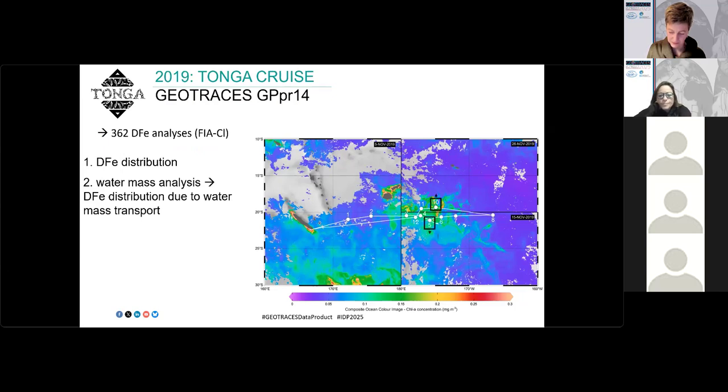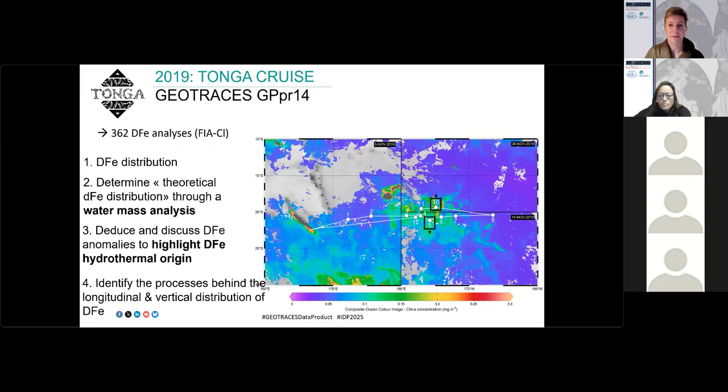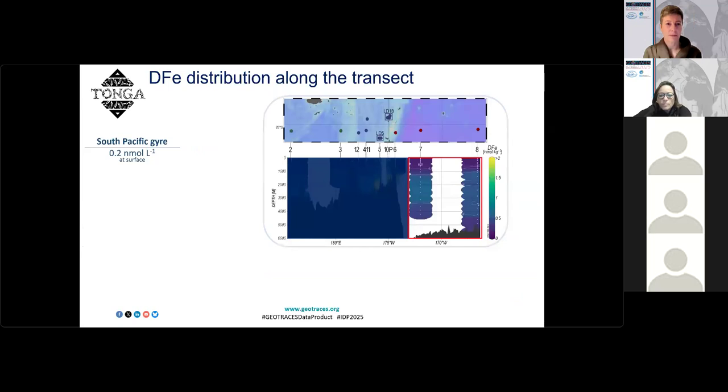So through a water mass analysis, we determined iron distribution due to water mass transport. From the measured concentrations, we deduced dissolved iron anomalies not explained by water mass transport. And finally, we identified the processes behind the longitudinal and vertical distribution of dissolved iron. And I will now go through these different points.